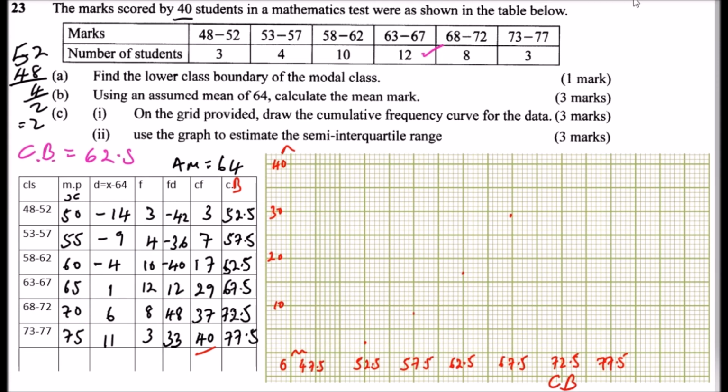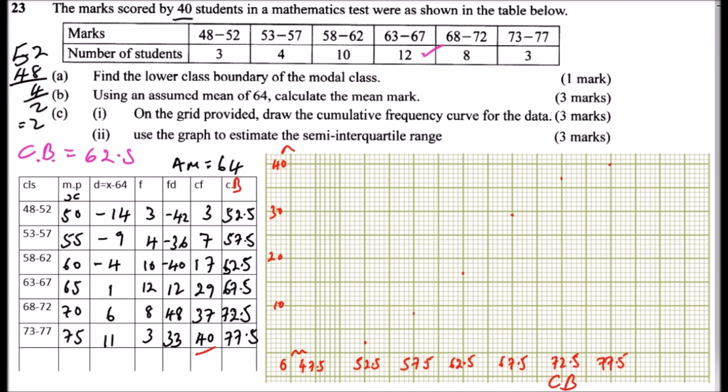Okay, let's correct. This is 29, not that. The other one is 37. So 37, that's 35, 36, 37, and at 77.5 we have finally 40.